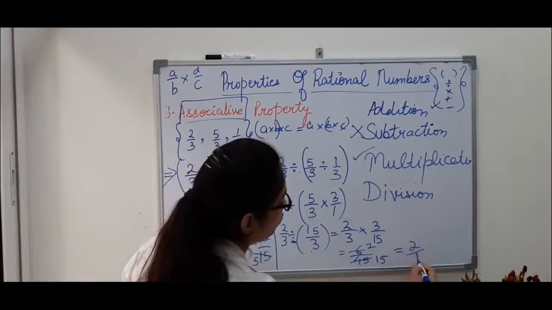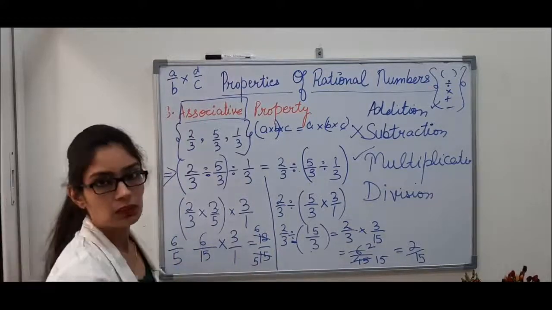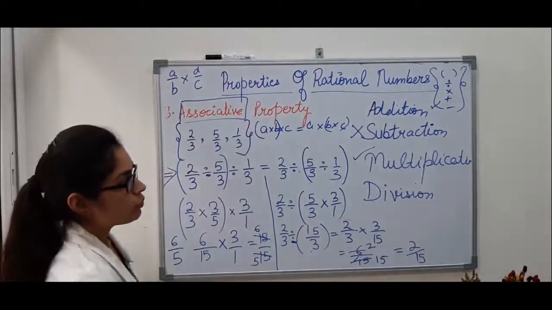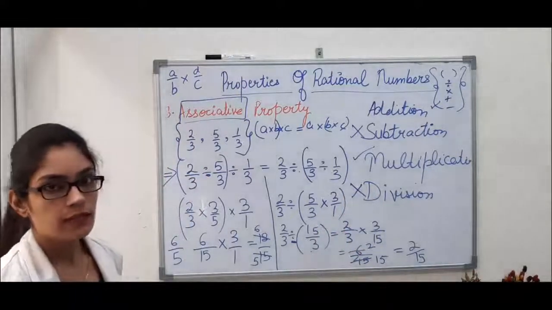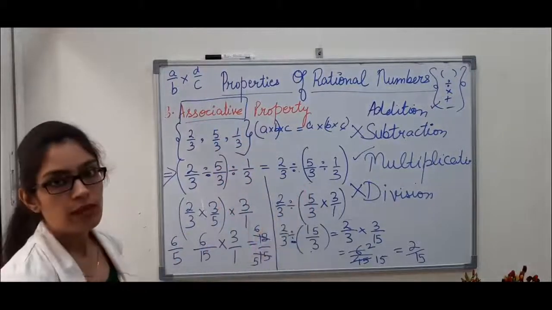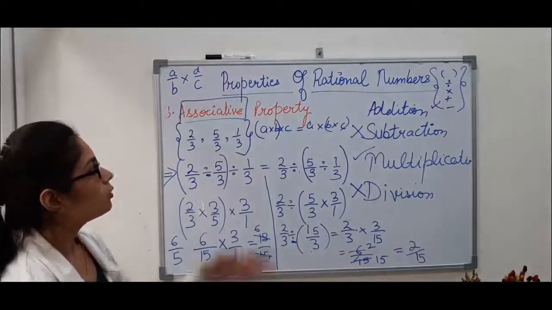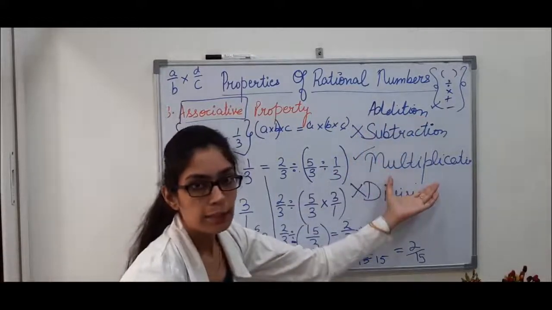So I am getting 2 by 15. I can see that 6 by 5 is not equals to 2 by 15, which means rational numbers are not associative under division. So what we have learned till now, that associative property holds only for addition and multiplication.